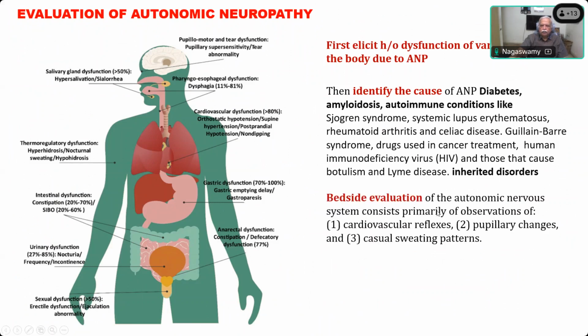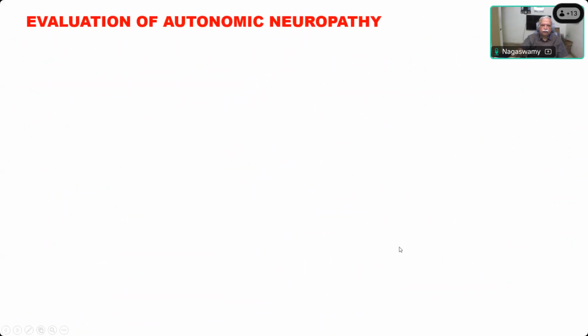The bedside evaluation which can be done includes cardiovascular reflexes, pupillary changes, and casual sweating patterns. Before you proceed to objective autonomic neuropathy testing, you must fulfill the following conditions.